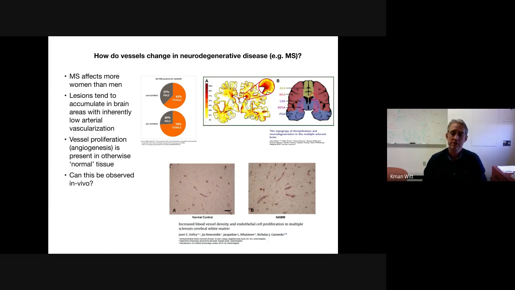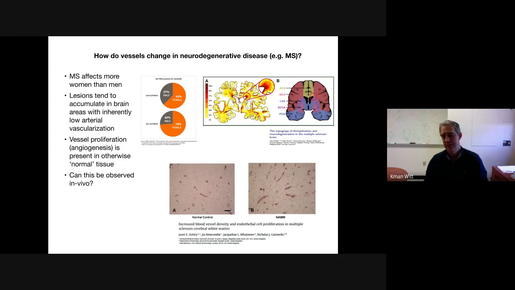So in other words, it seems that lesions associated with multiple sclerosis would be accumulating in areas of low blood supply. The second reason has to do with many preclinical studies, and from what I'm aware of, one post-mortem study in humans where they find large vessel proliferation or angiogenesis in multiple sclerosis patients.